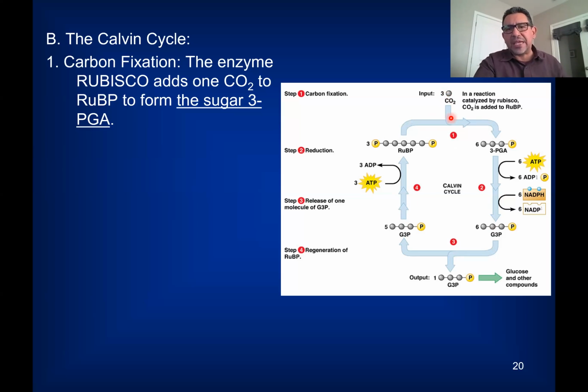So in this illustration, we're showing an input of 3 CO2s, meaning that this cycle has to go around 3 times before those 3 carbon dioxides can be incorporated. Sounds confusing? Well, I hope it isn't. You just imagine like Rubisco was this one-handed molecule. Imagine like the CO2 like a ball, and you can only have one of those balls at a time, moving them, giving it to ribulose biphosphate.